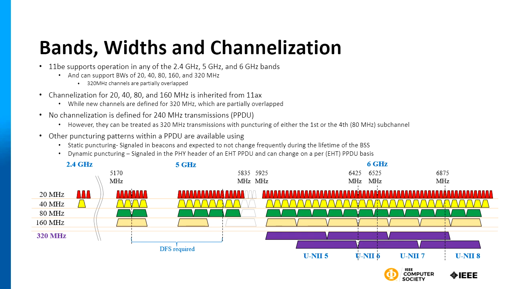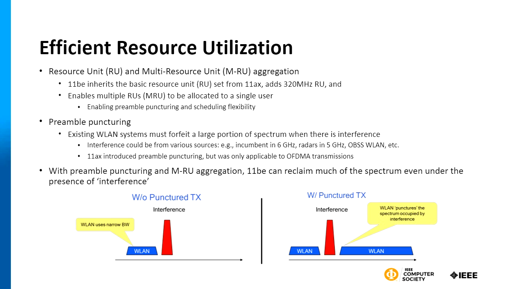We also have the possibility of dynamic puncturing, where the PHY header of the PPDUs themselves contain a map of which of the subchannels are not containing any transmission, essentially, so that you can puncture the transmissions on the fly. This is subject, of course, to the static puncturing as well. So you perform dynamic puncturing on top of the static punctures that the access point is already providing to the stations.